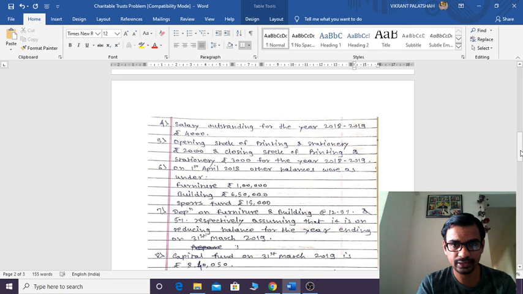And now for the building, the value of the building is given in the adjustment. It is 6,50,000. Nothing is sold from that, so nothing is deducted and nothing is added during the year. Therefore, depreciation on this 6,50,000 at the rate of 5% comes to 32,500.